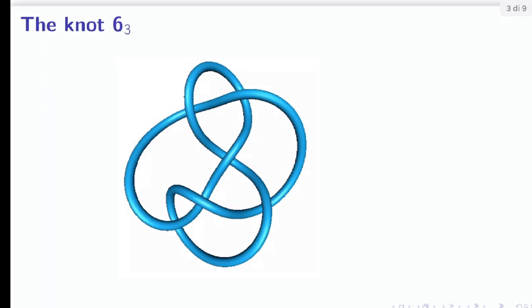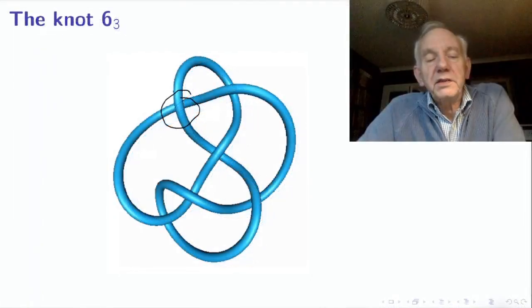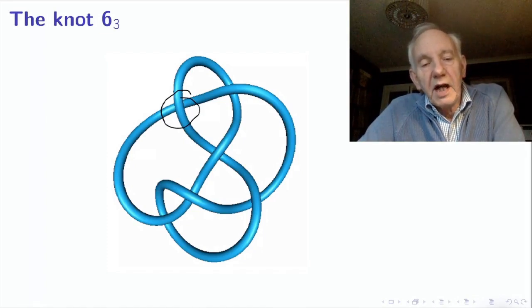So it's really a sort of three-dimensional picture. But you can think of it as a picture in the plane, provided you know at each crossing where two strands meet, which is going over and which is going under. If you know that, then you can obviously construct the knot in space. So that's a picture of the knot 6-3, and we're going to construct a surface out of this knot.